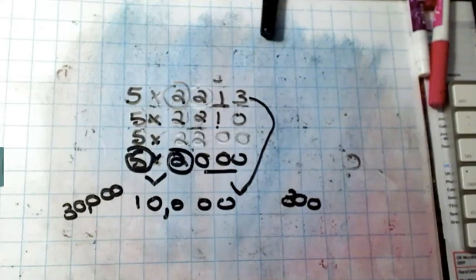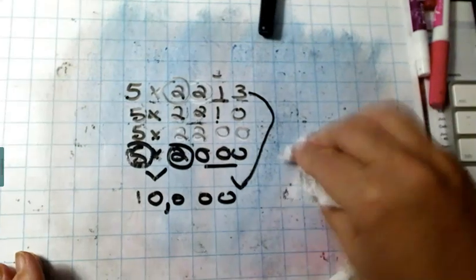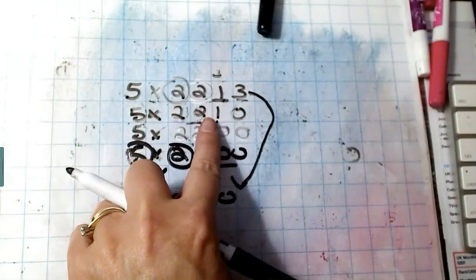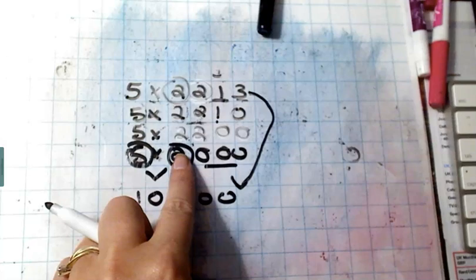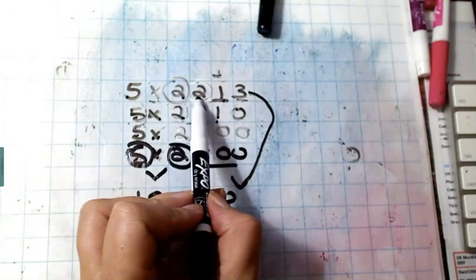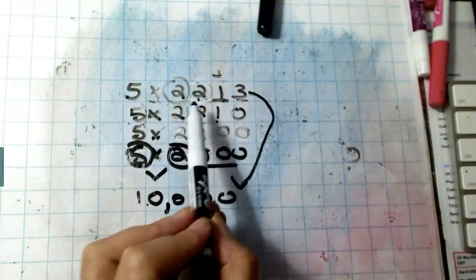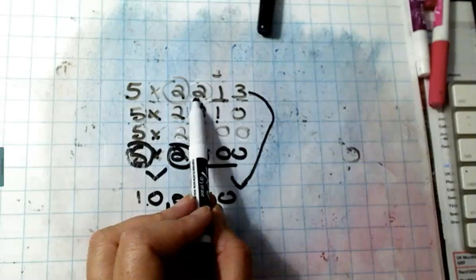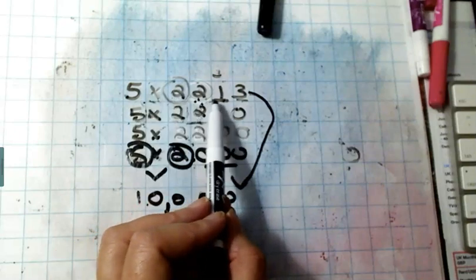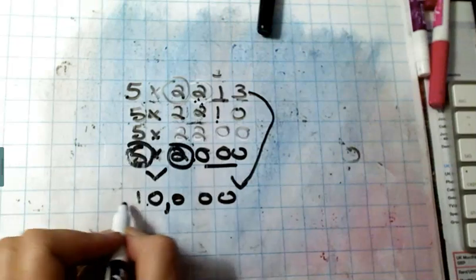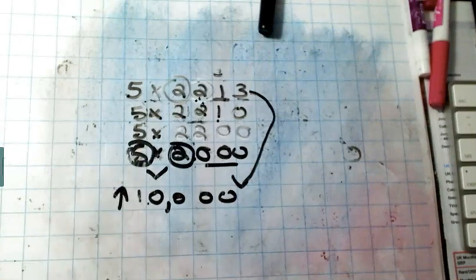So then the next problem said, give me some numbers that your answer will be in between. Well, this is where I need to round high and round low. So I know that my answer should be around 10,000, but look, this 2,000 is a little bit less than 2,200, right? I still have 5 groups of 213. So my answer is going to be actually a little bit higher than 10,000.